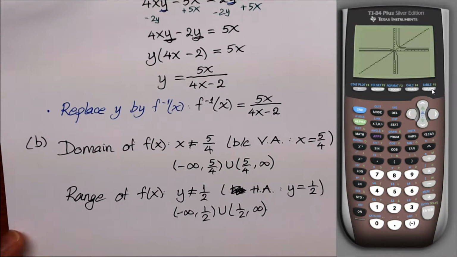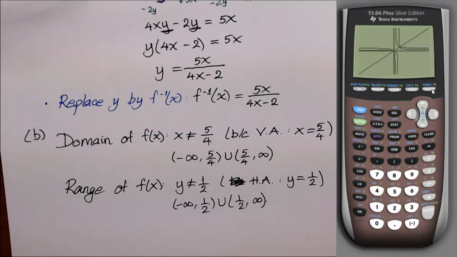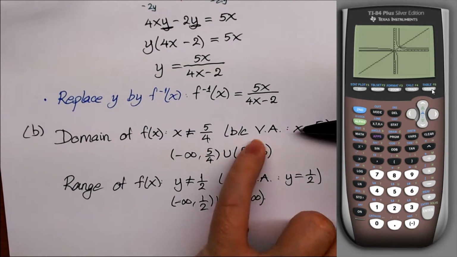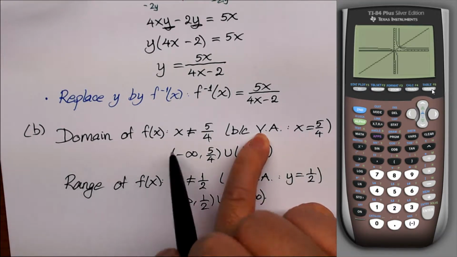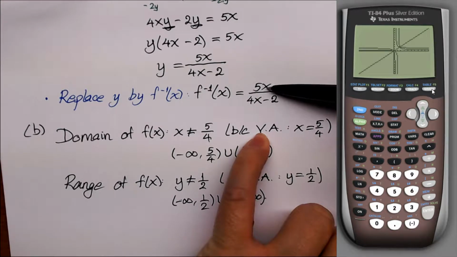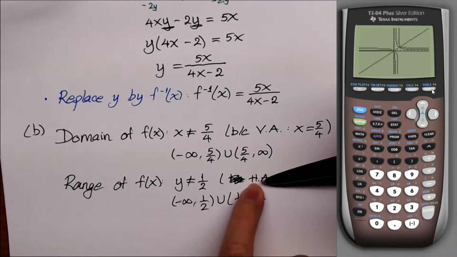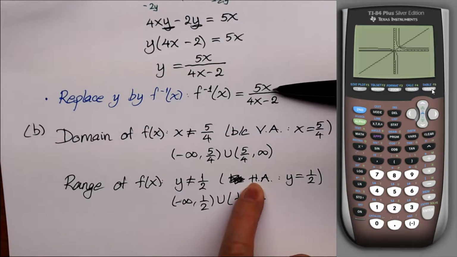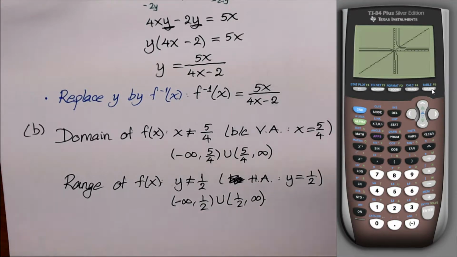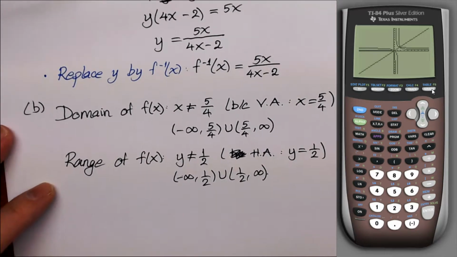So to find the vertical asymptote of this function, we let the denominator equal 0, and we have 5 over 4. So we write that because the vertical asymptote is equal to 5 over 4. We should write it in interval notation.